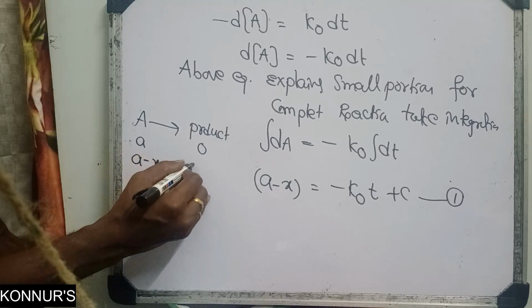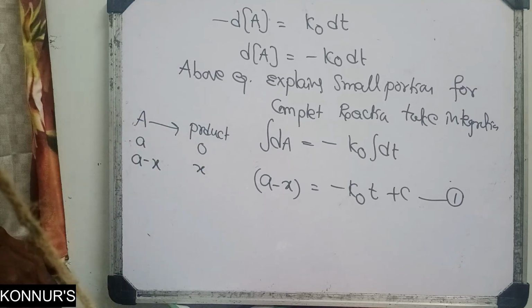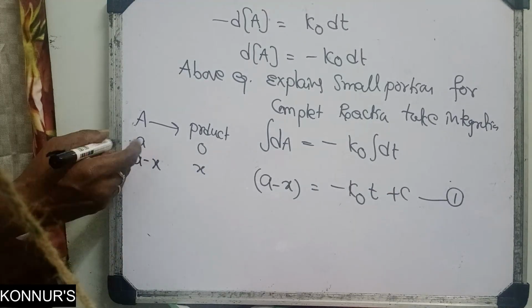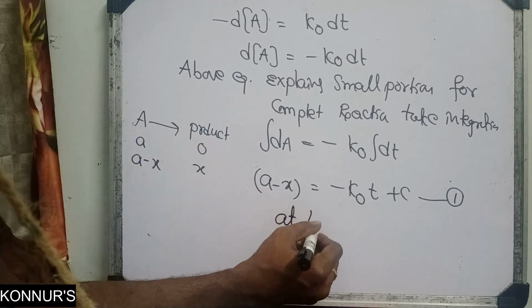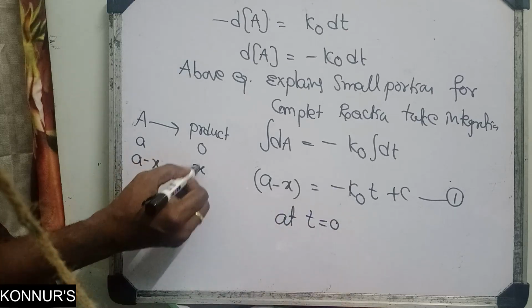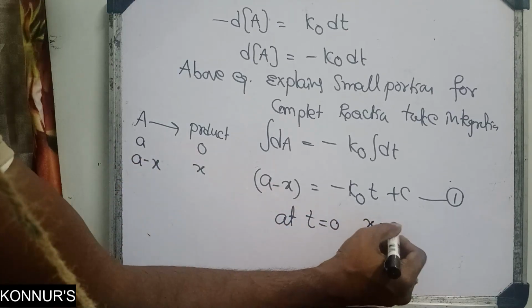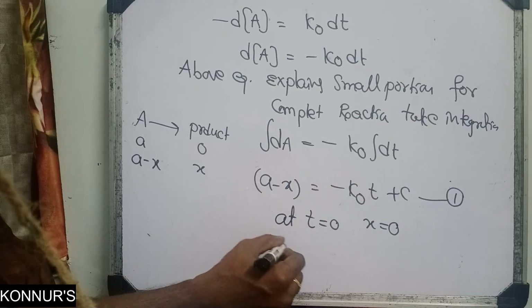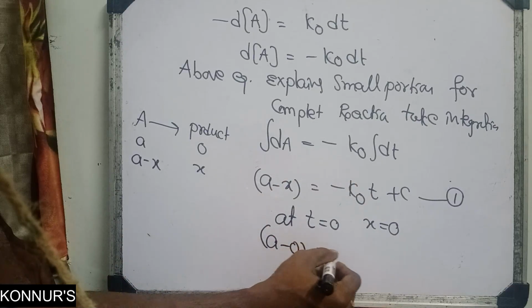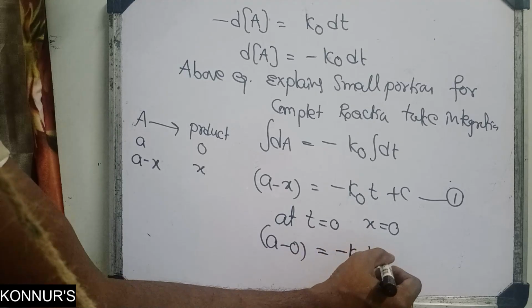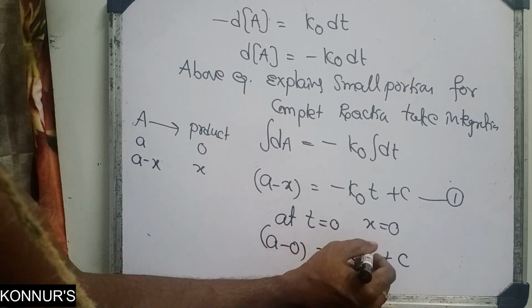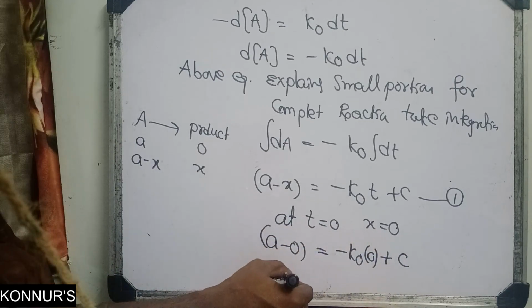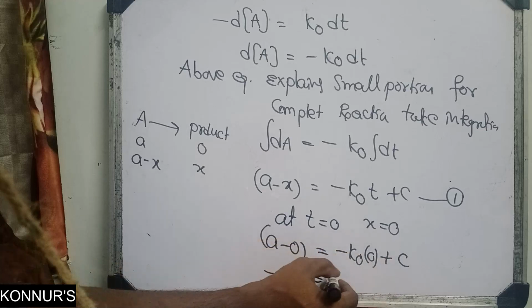After some time it is A minus x. To find the c value, at t equal to 0, x is also 0. You substitute here: A minus 0 equals minus k0 t plus c, and t is also 0, so c equals A.